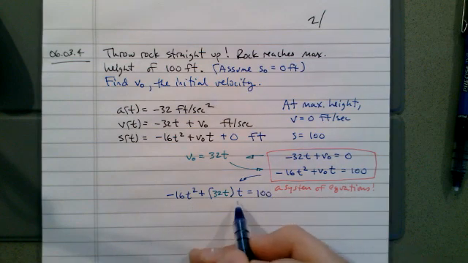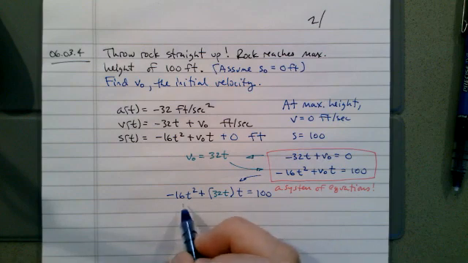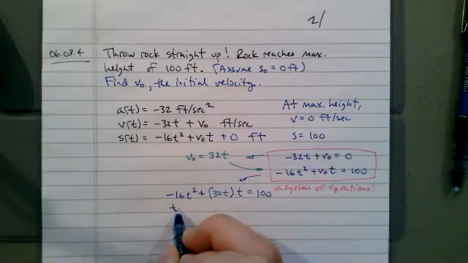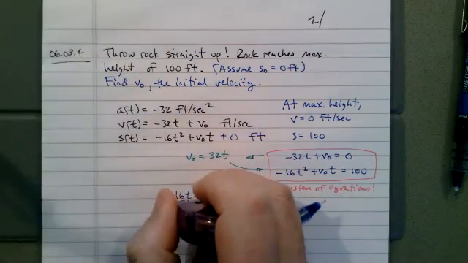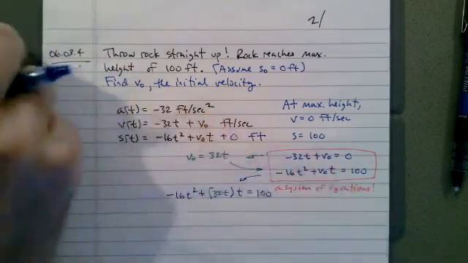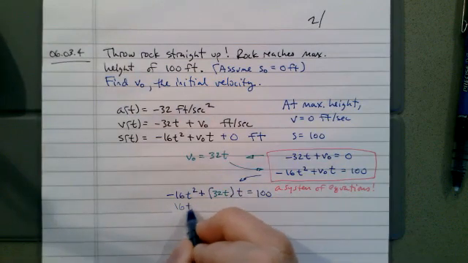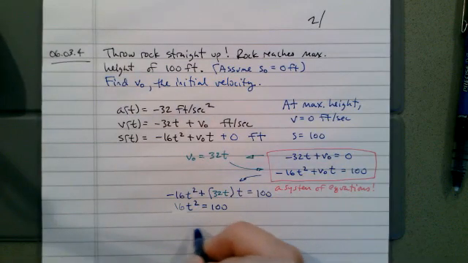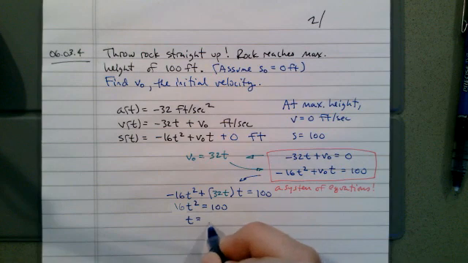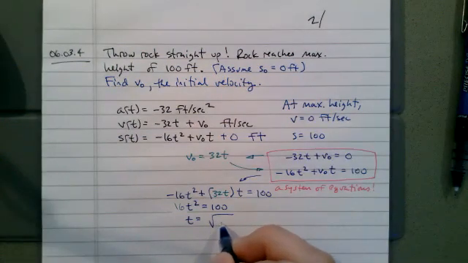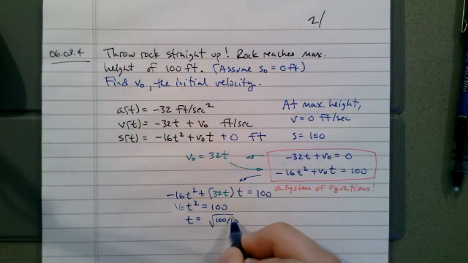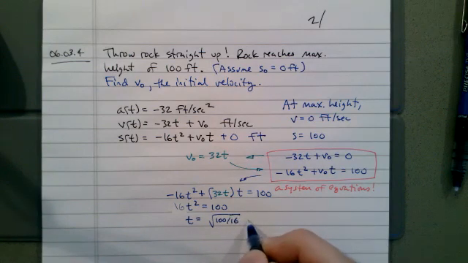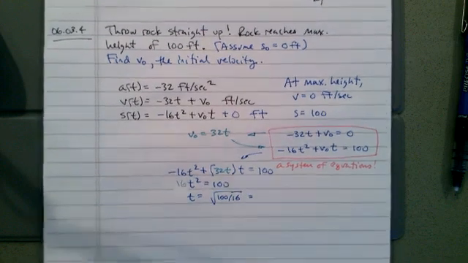So this is going to be 32t squared minus 16t squared. That gives us positive, I messed it up. That tells us that 16t squared is equal to 100. So t is the square root of 100 over 16. There's a plus and minus in the solution to the equation, but we don't care about the minus one.